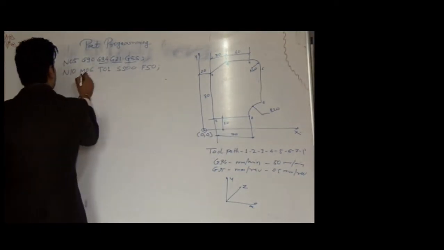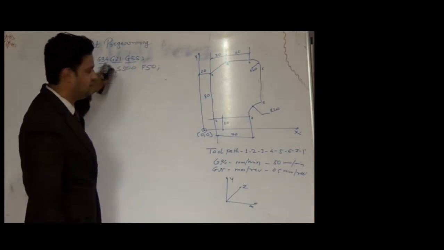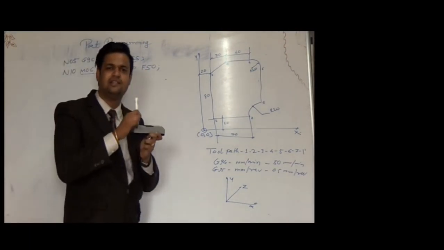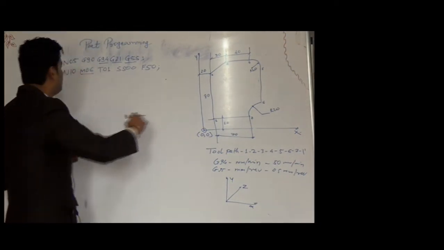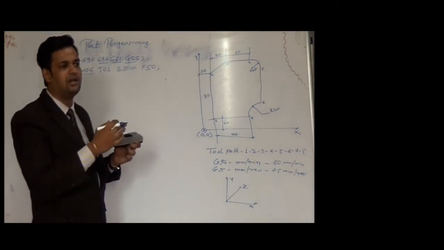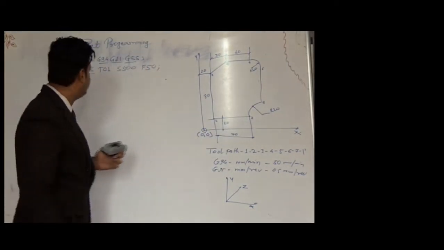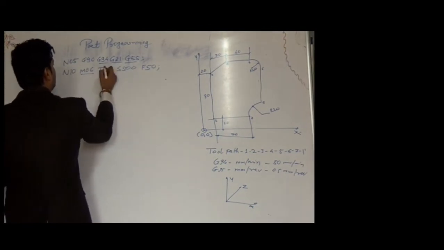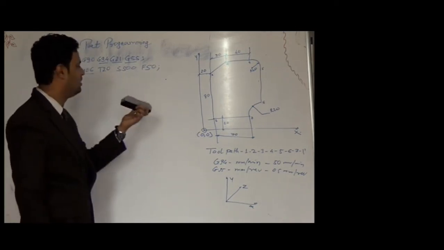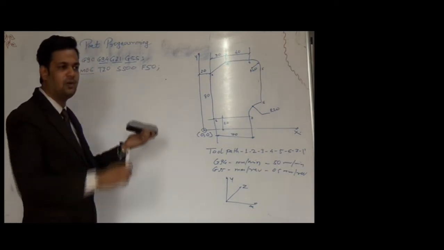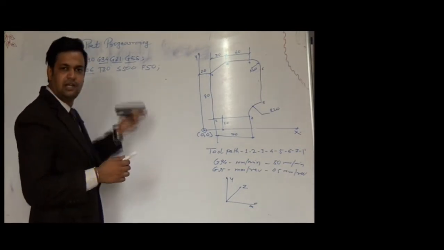What does this M06 indicate? It's a miscellaneous code and it indicates a tool change. The tools are stored in the tool magazine, which can be a chain magazine or a drum magazine, and tool numbers are there. Suppose I have an end mill cutter with a radius of 20 as tool number 20. Then the machine will go to T20, change the previous tool and bring T20 as the working tool.